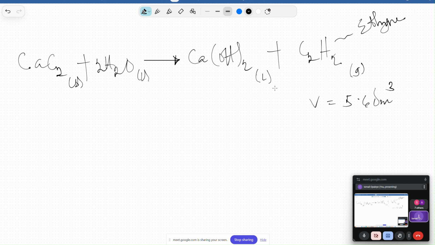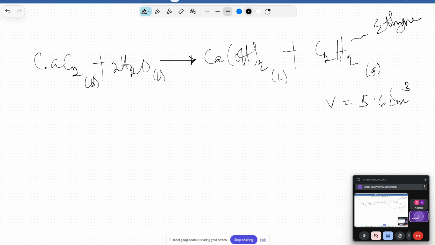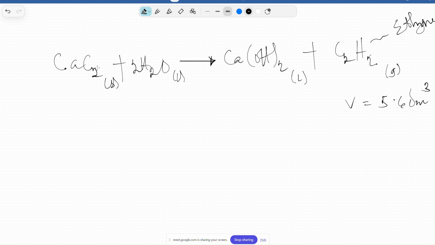However, the question asks you for the mass of this solid that will be required to produce 5.6 dm cube of ethyne. One thing beautiful about chemistry is you can simply relate them together. We call it the mole to mole relationship. You relate the moles of this to the one you're looking for.